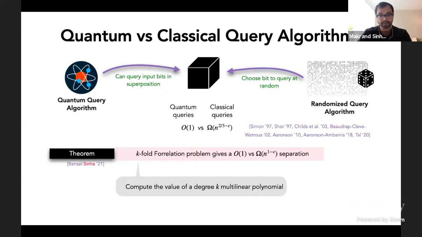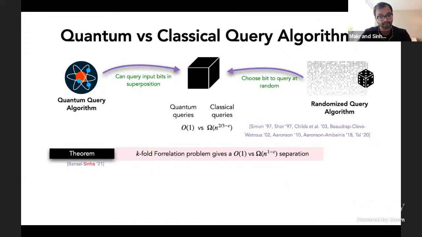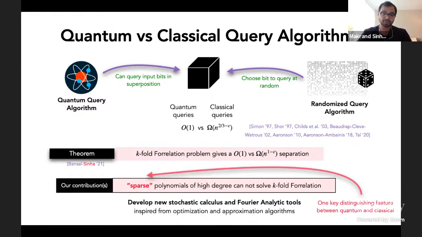But now we want to say that classical algorithms cannot compute this constant degree polynomial, even if they make lots of queries. For this, our main contribution is to show that sparse polynomials, even if they have very high degree, cannot solve this problem, k-fold correlation. And one key distinguishing feature between quantum and classical is that classical models can somehow compute only sparse polynomials in a certain sense.